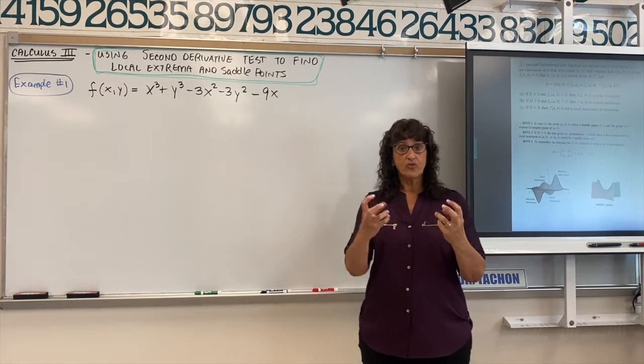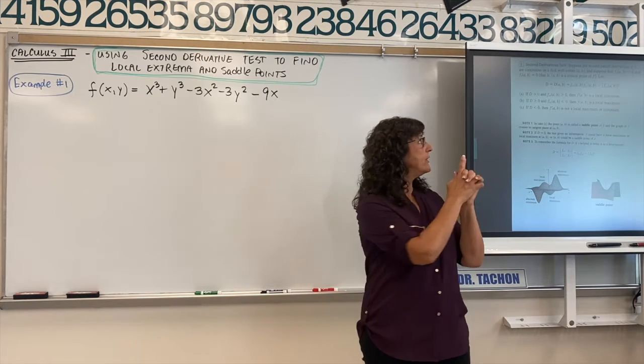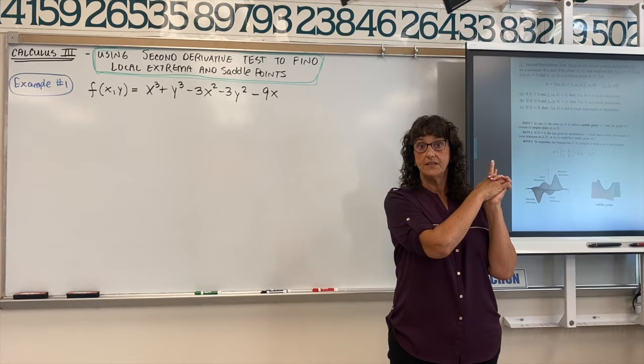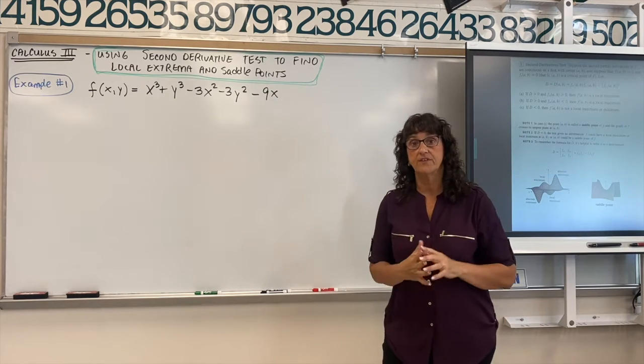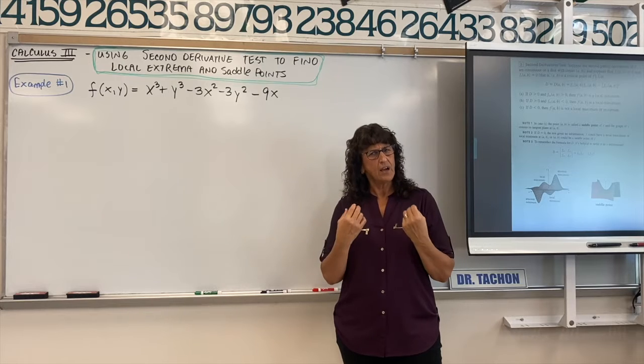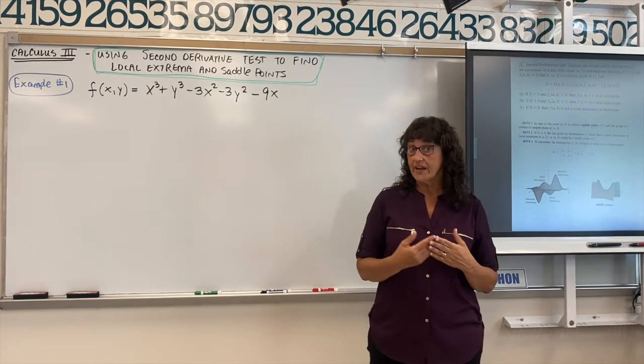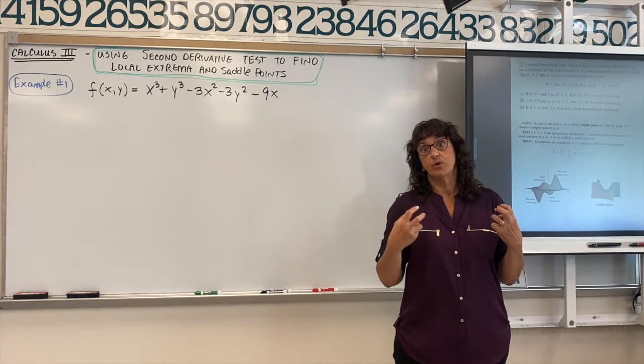Once we know where all our critical points are, in step 3 we use the D equation, the determinant of the second partials, to determine if these critical points are local max, local min, or saddle points. Then finally in step 4, we find the values.